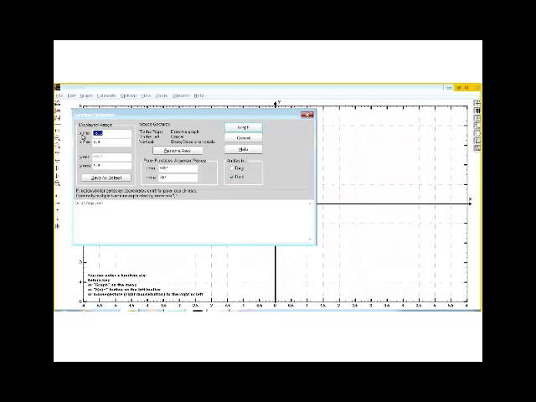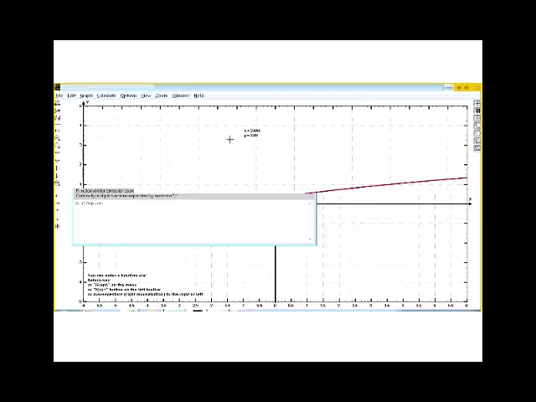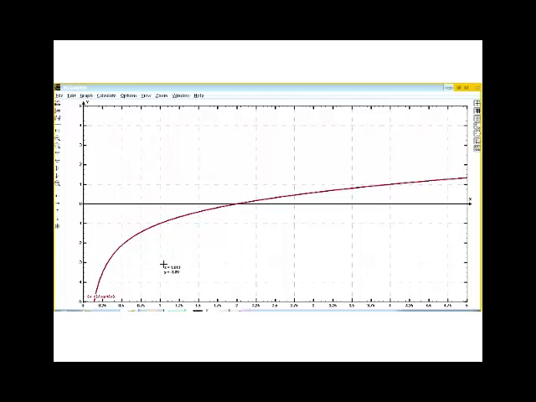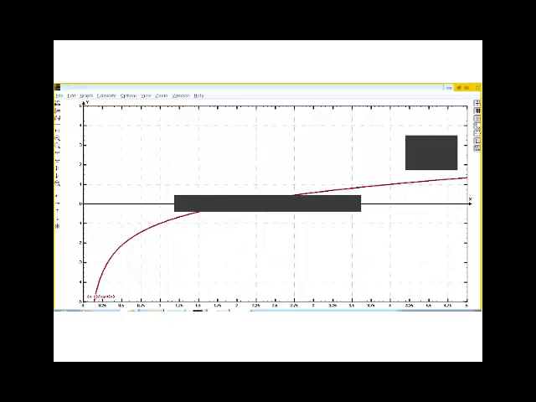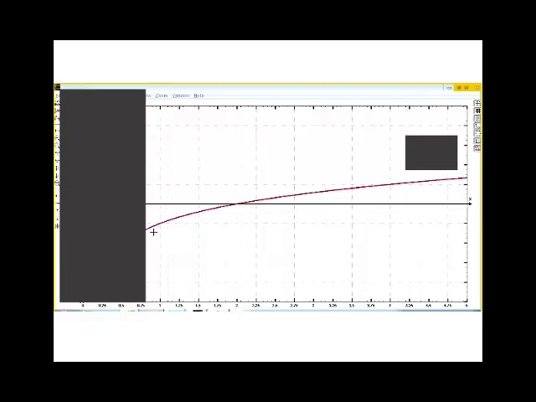So let me put in 0 and 5, so we have a little bit on either side. So there it is. Let's go ahead and capture that, and we'll go back to Smartboard.